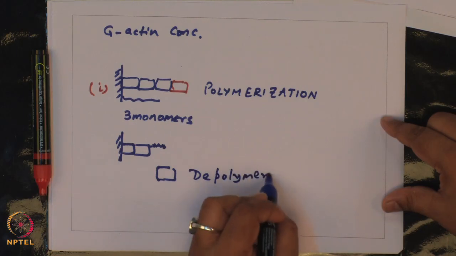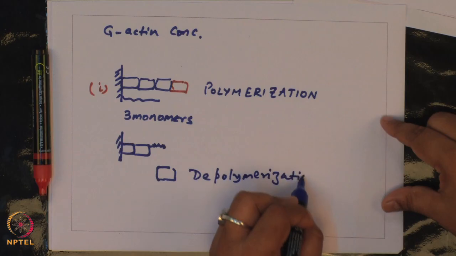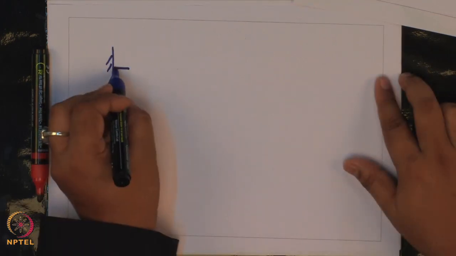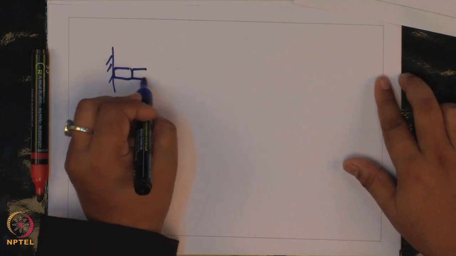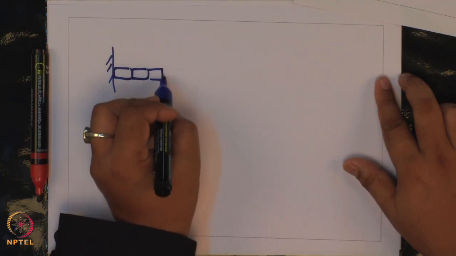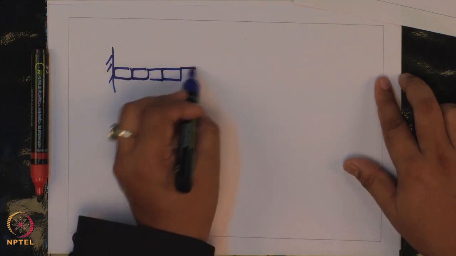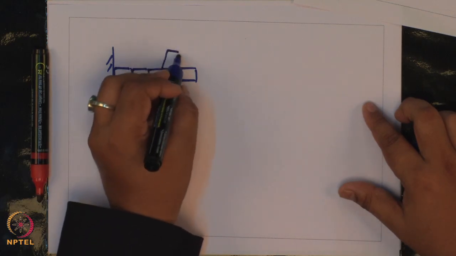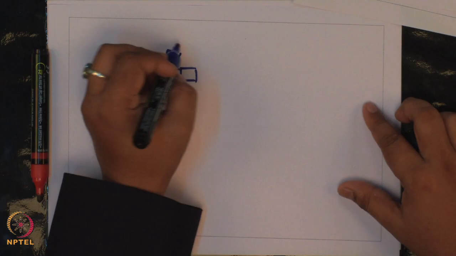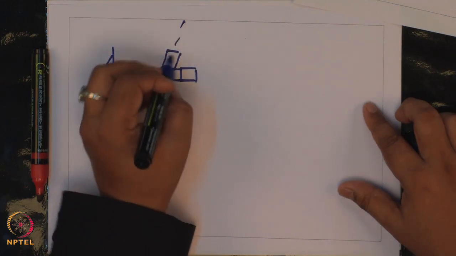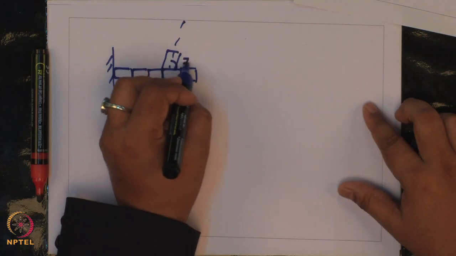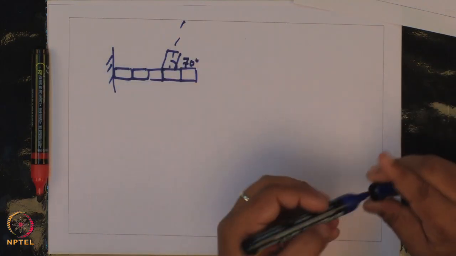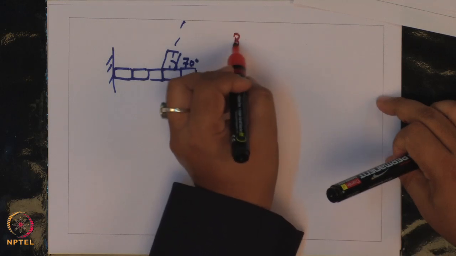And you can have one more situation in which, if your filament is long enough, you can add another filament which starts at an angle. This angle is 70 degrees. So, this simulates a branching event.